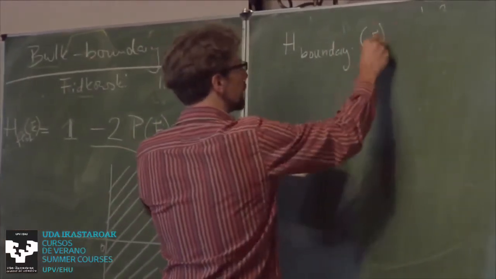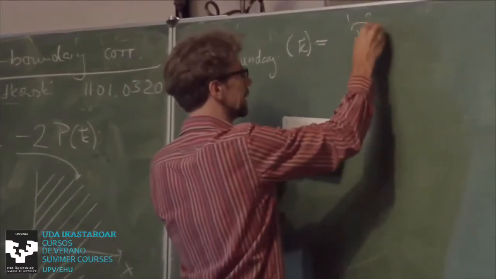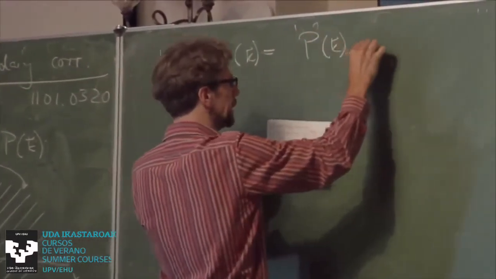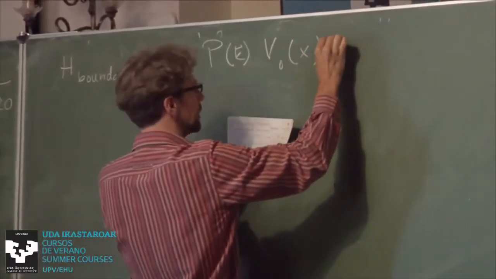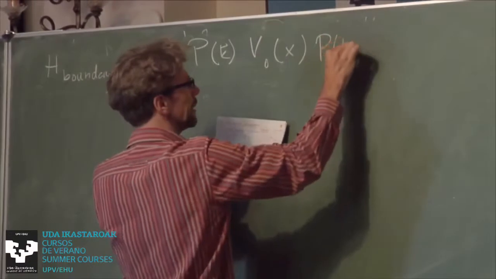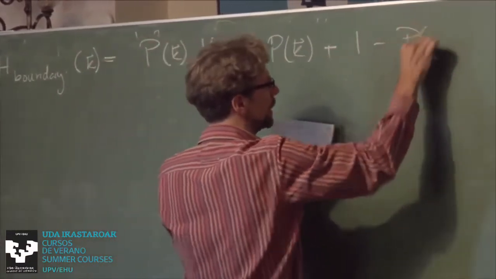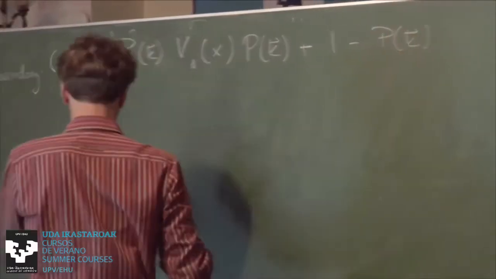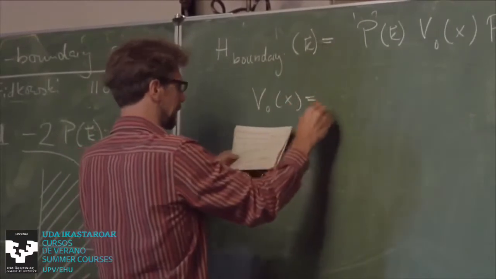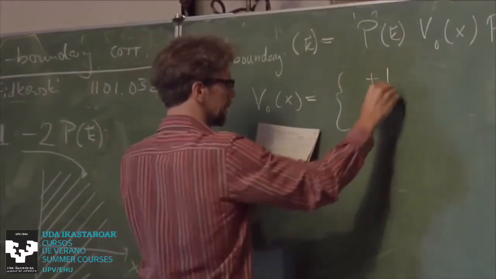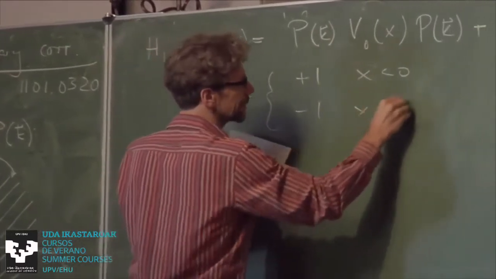That also depends on these momenta perpendicular to the direction which we cut, and this is given by P of K times V naught of X and P of K, plus 1 minus P of K. And I will choose this V naught of X to be +1 for X less than 0 and -1 for x larger than 0.